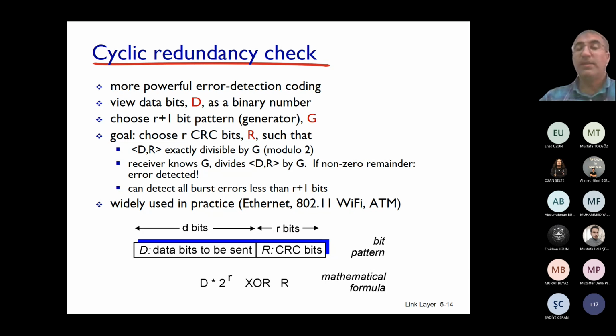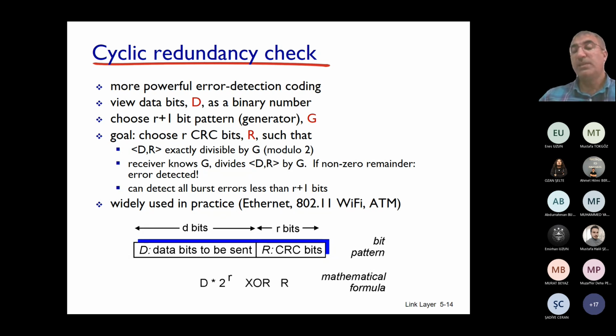In this case, we have D, which represents the data bits, and we have the bit generator, which is G. The main objective in CRC is that we are trying to choose R, the CRC bits, such that the mathematical formula holds, an XOR formula basically.